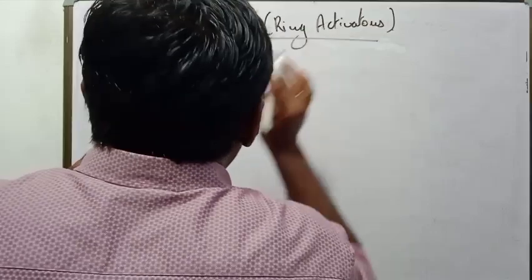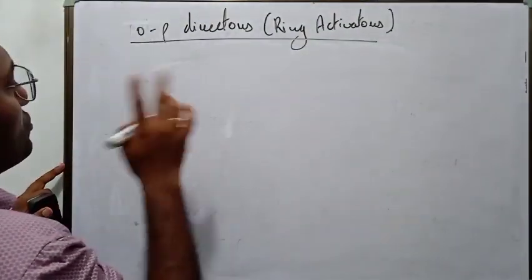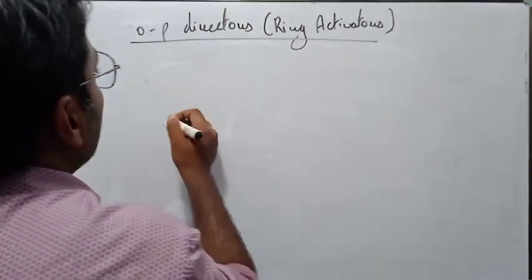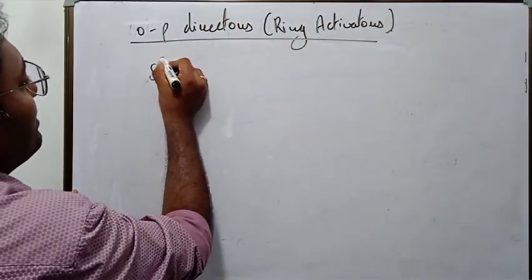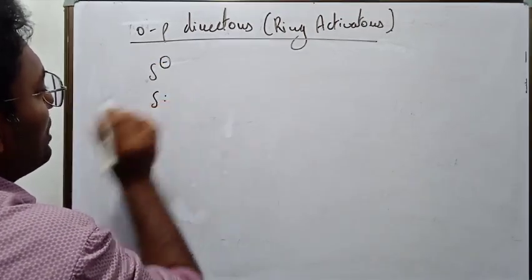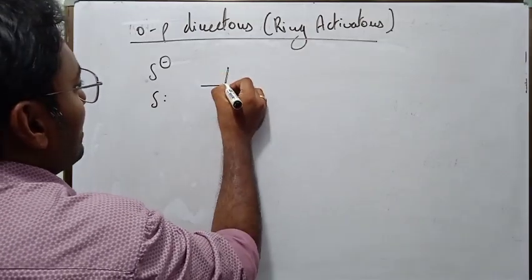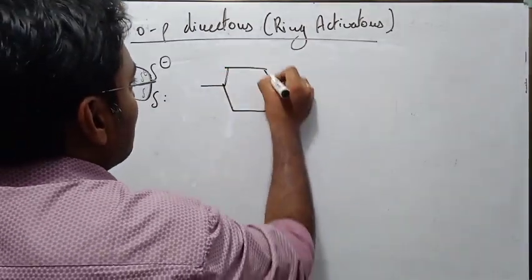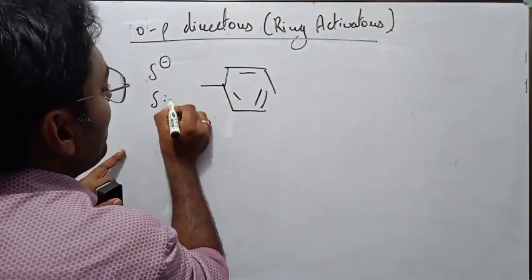What did I mention to you? What are the two conditions of ortho-para directors? What is the eligibility to become an ortho-para director? Number one, it should have negative charge. Number two, if there is no negative charge, it should have lone pair of electron. In either of these cases, the benzene ring would get more electron.